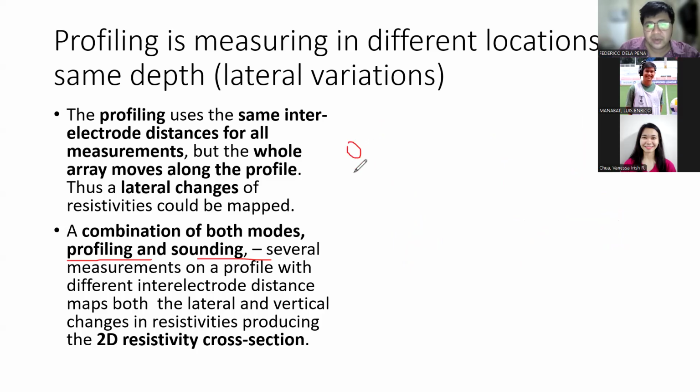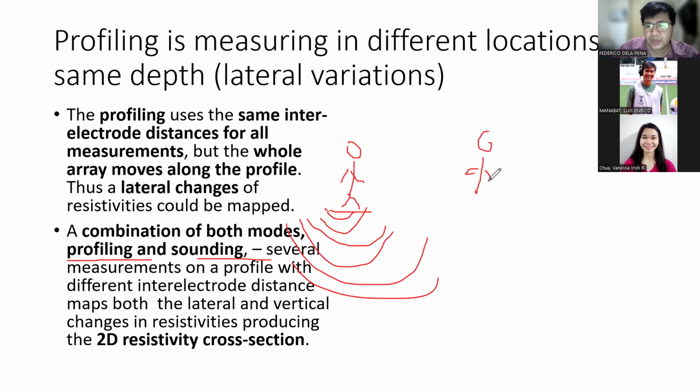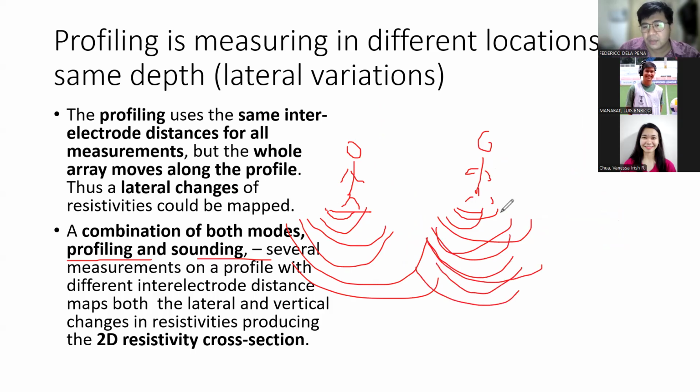So what you're going to do here is survey at different points using different spacings. So just move again to another point. Okay, use different electrode spacing so that you can penetrate deep into the ground.